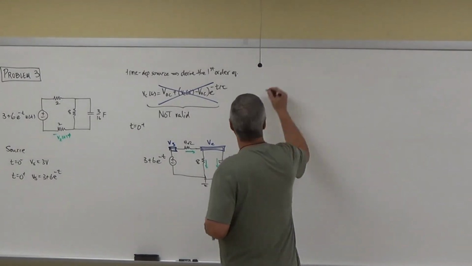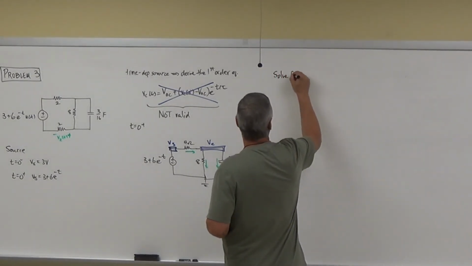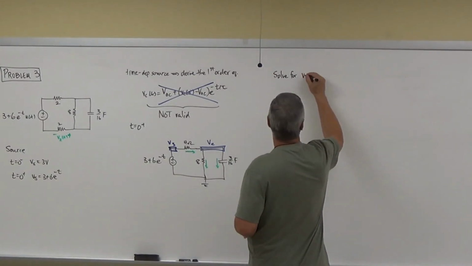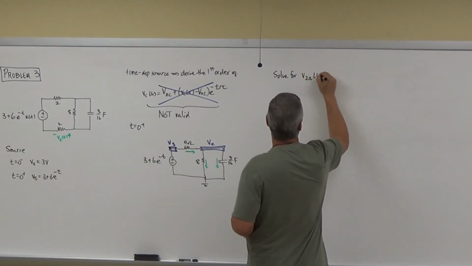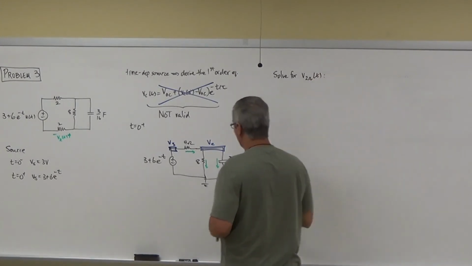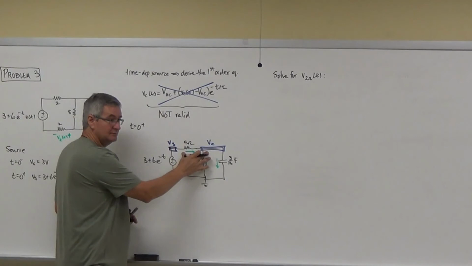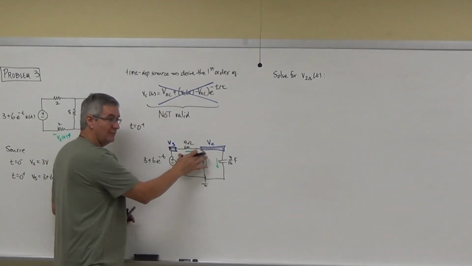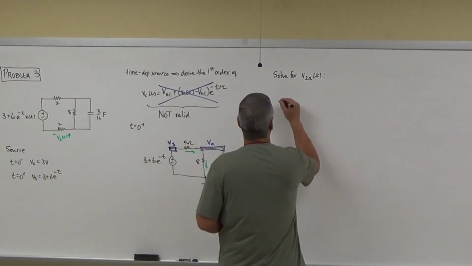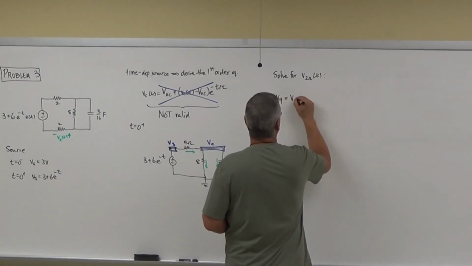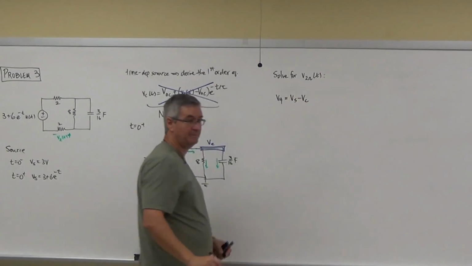Okay? So what I'm going to do now is solve for the voltage V2 ohm of t. You can see that I know that voltage. So I can see here that the voltage of the 4 ohm has to be Vs minus Vc.